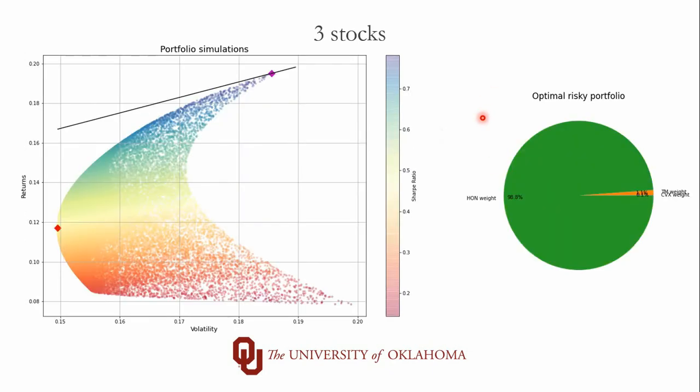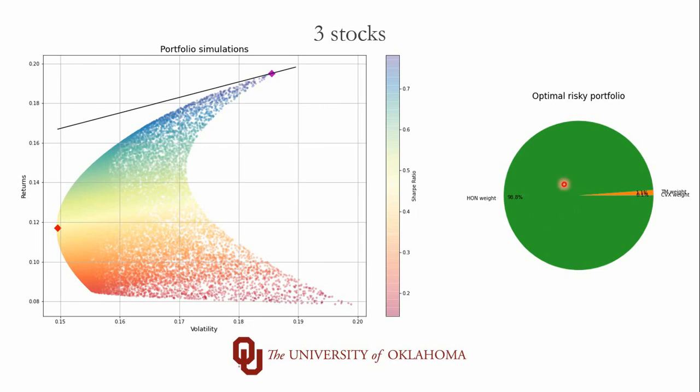This is now the case for three stocks. Let's also consider Honeywell, so we have Honeywell, Toyota, and Chevron. We recall the table shown earlier with the expected annual returns and volatility. It makes sense that Honeywell has the greatest part of the pie chart, since its volatility is similar to that of Toyota and Chevron, but its returns are about double.